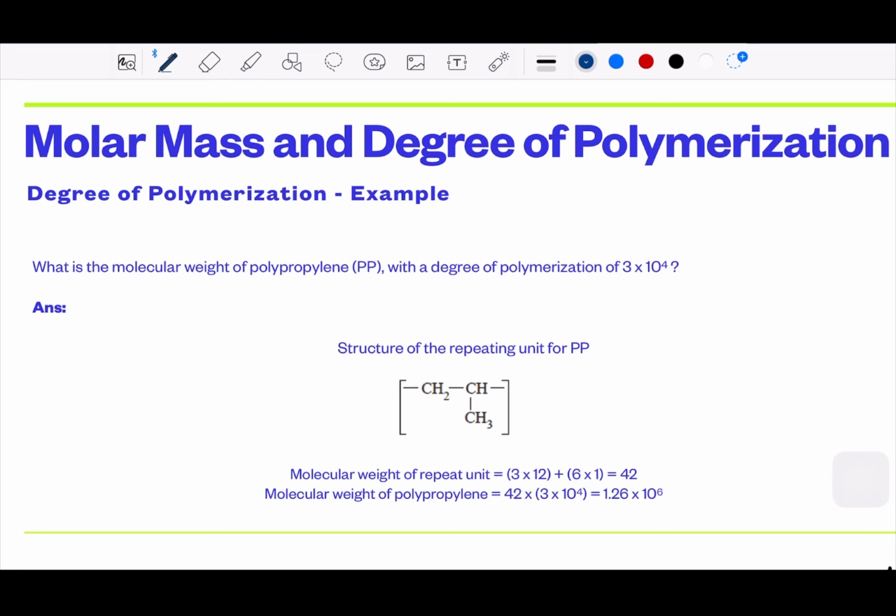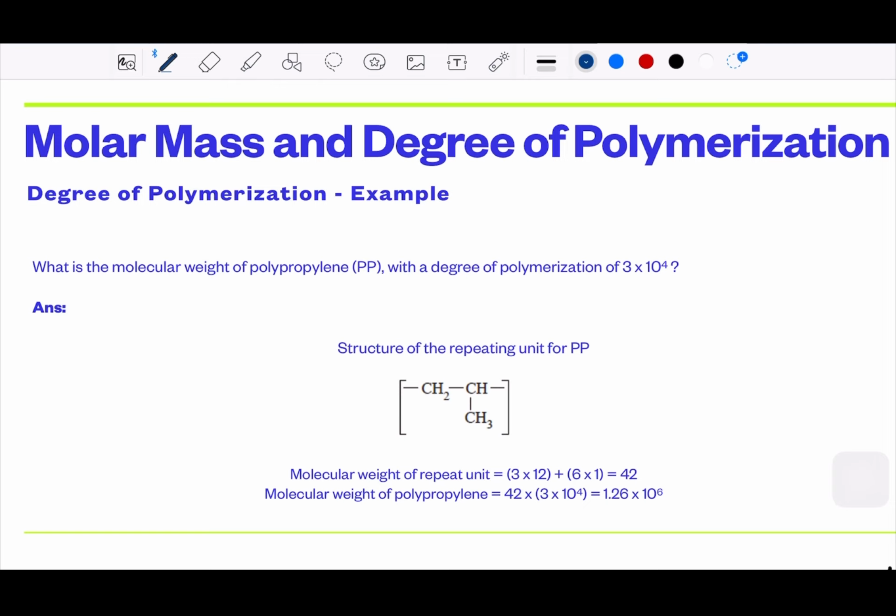So if we say the degree of polymerization is 30,000, and it's asking for the molecular weight of polypropylene. This is the structure of propylene.